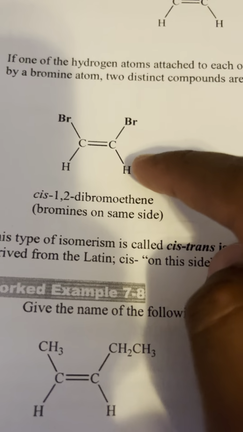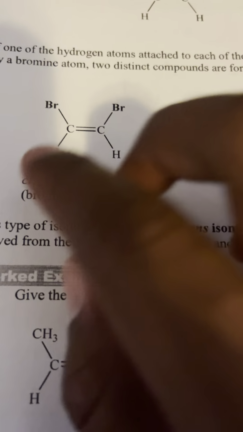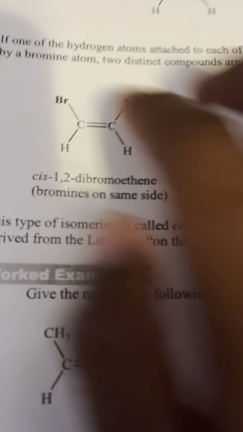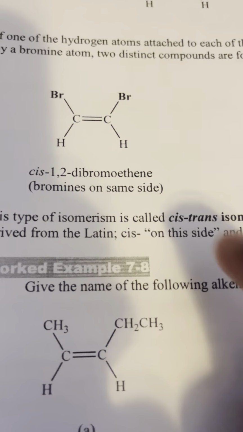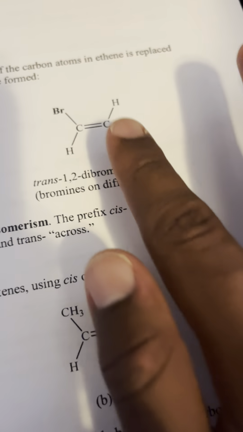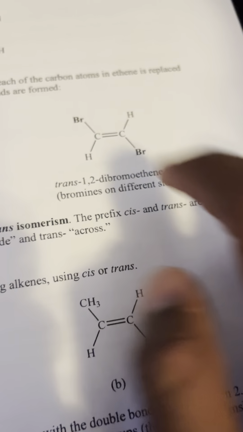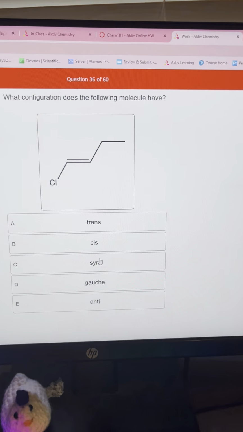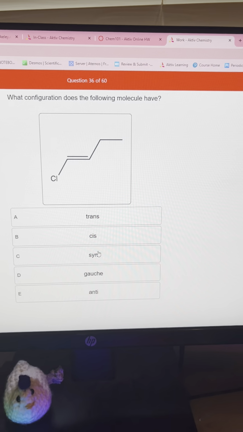So like this, the bromines, they're on the same side. They're both up compared to the double bond. But on this one, they're crossed. They're not both on the left, they're not both on the right, they're diagonal to each other. So they're trans.